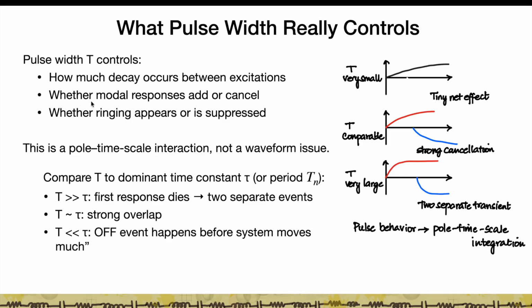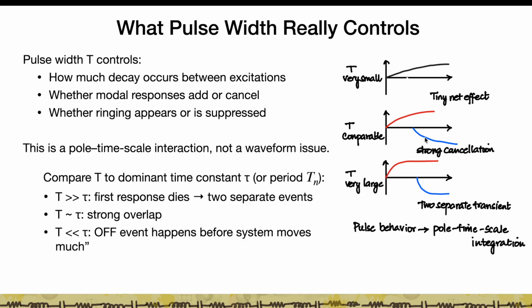So what does the pulse width capital T really control? It controls how much the mode decays between the on event and the off event. If T is very large compared to the dominant time constant, then by the time the off event happens, the on response is already gone. The two events are essentially independent of each other. If T is comparable to the time constant, the off event happens while the response is significant.